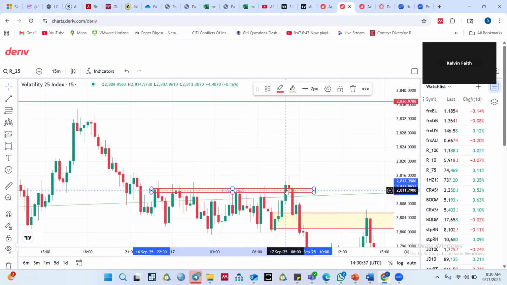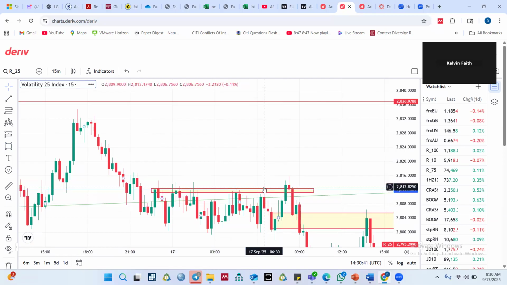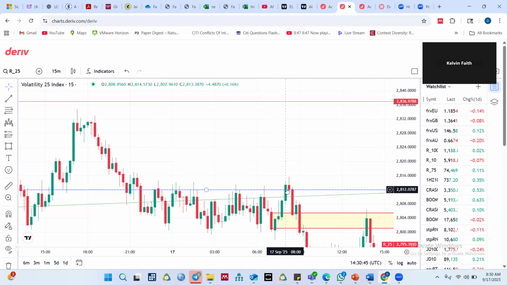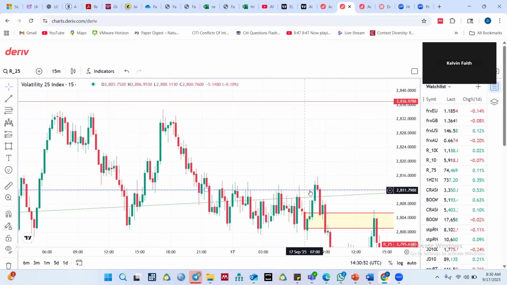But this time, the last hit, it hit and there was a body close above it, and price came down. So the body closed above it and at the same time closed above the trend line.